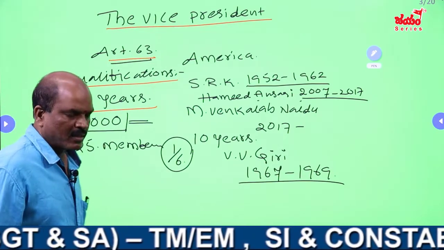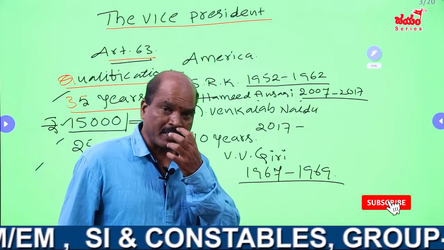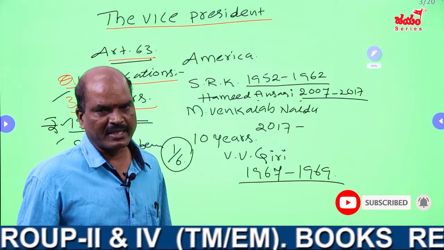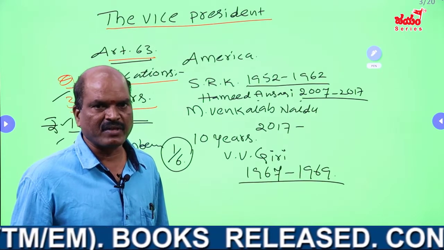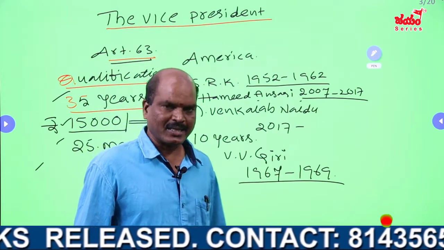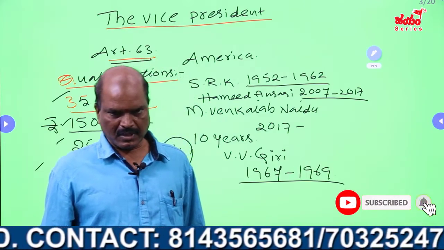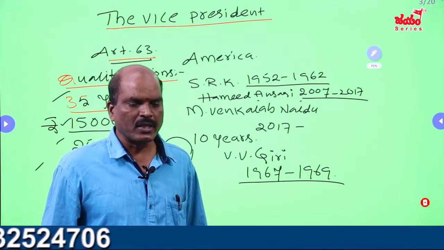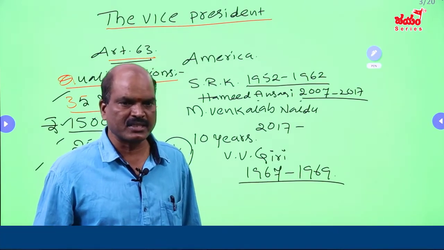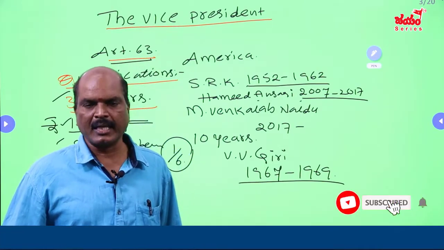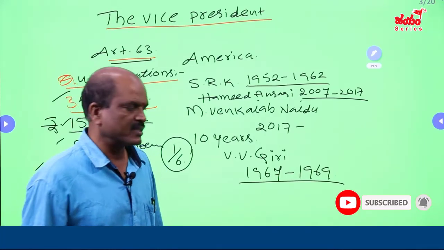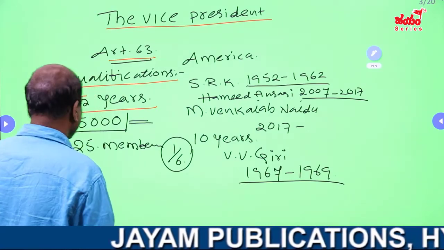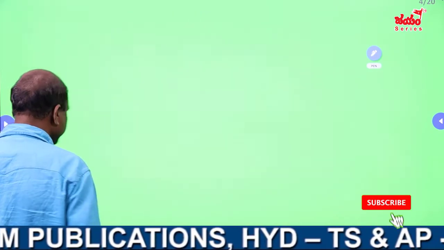And third one, supporting members 25, proposing members 25, out of total strength of the Vice President Electoral College. And another one, should not hold any profitable office. So these are the qualifications to contest in the Vice President election.